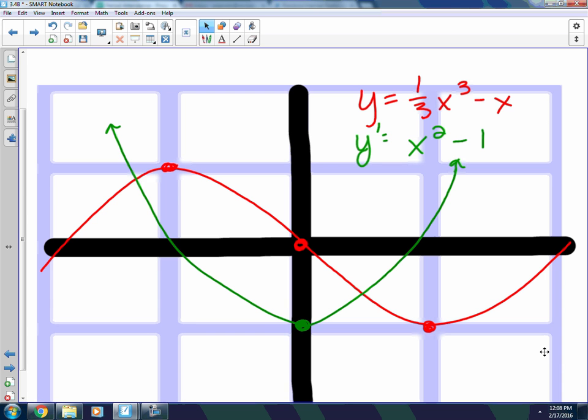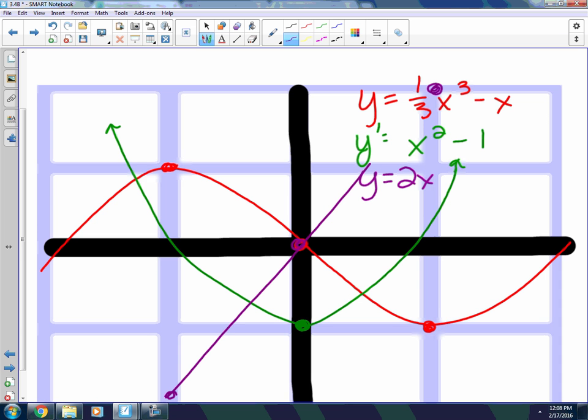Okay, now, let me add in our second derivative. Let's go purple. What's the derivative of x squared minus 1? Okay, so that is this line. Okay, now, we can apply the first derivative test with this.